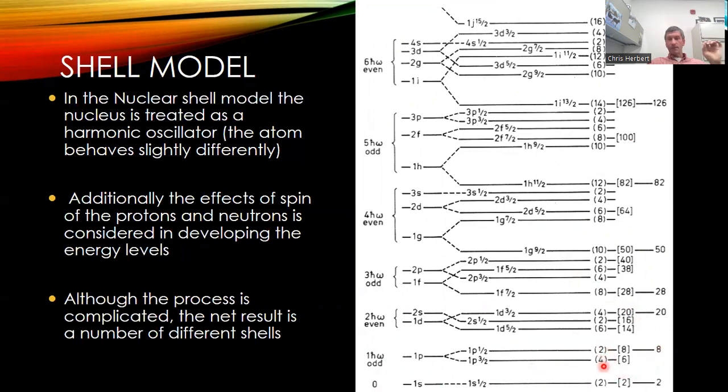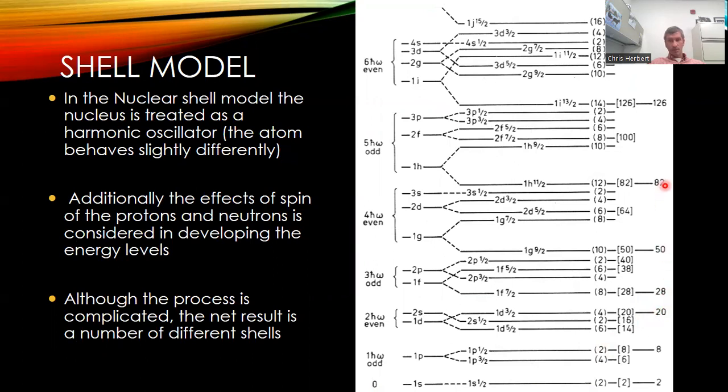Instead, for the nuclear levels, we actually have 6 in that shell. So when we reach a number of 8 protons or 8 neutrons, that particular shell will be closed. And again, you do the same for 20, 28, 50, 82.